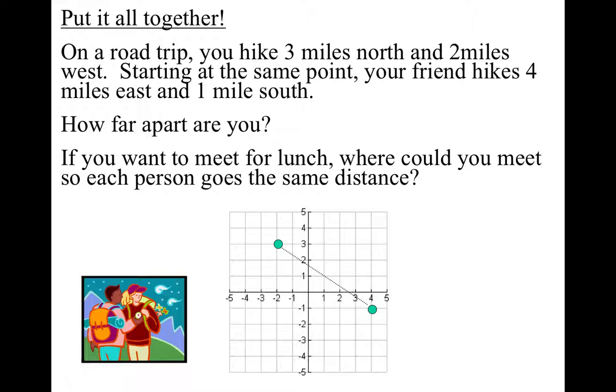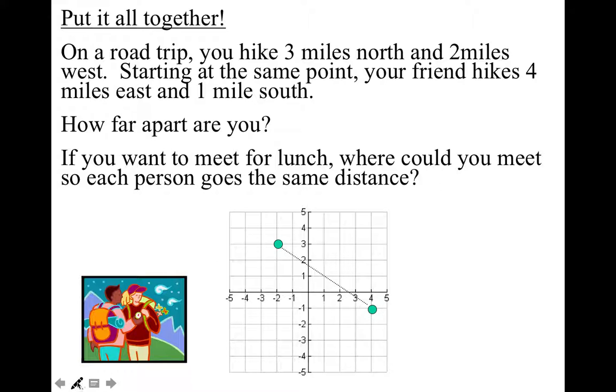Okay. So if we look at what we have, let's look at it. It says, you hike 3 miles north and 2 miles west. Okay. So you hike, starting from here, you hike 3 miles north, which is up, and west is going to the left, and so this is you. Your friend hikes 4 miles east and 1 mile south. Okay.